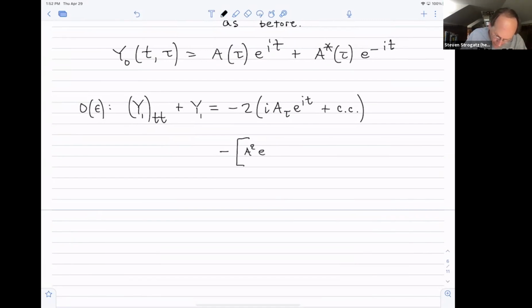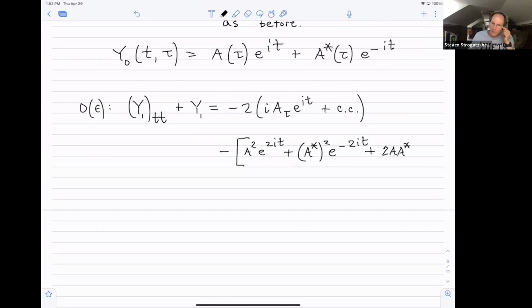So that's a squared e to the 2it plus a star squared e to the negative 2it, plus, then there's a cross term from the squaring of those that gives me a 2a star, and the e to the it times the e to the minus it cancel to make a 1.